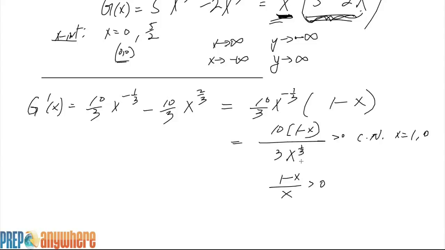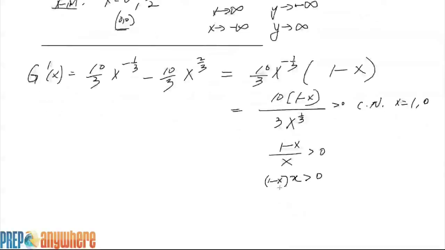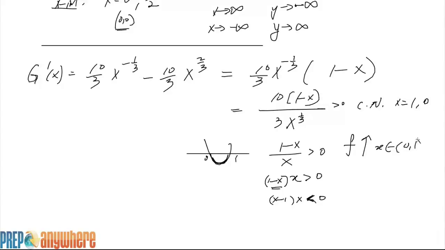This is going to have the same sign as 1 minus x multiplied by x, because whether you divide or multiply, it's the same. Furthermore, I'm going to multiply this one by negative 1, so I get a nice parabola, but this has to switch. So when it's negative, meaning between 0 and 1, the function is increasing when it belongs to 0 and 1.